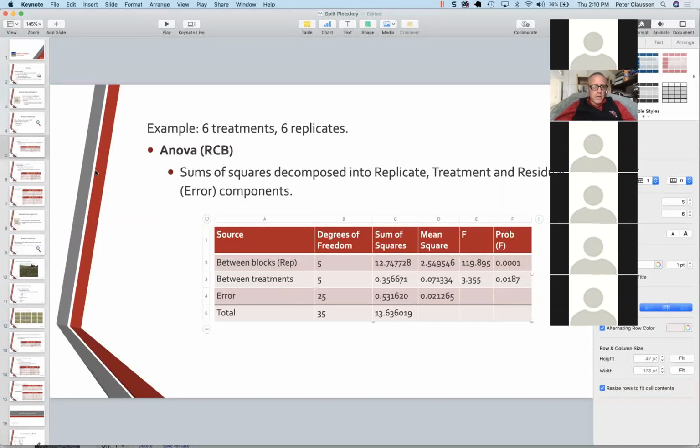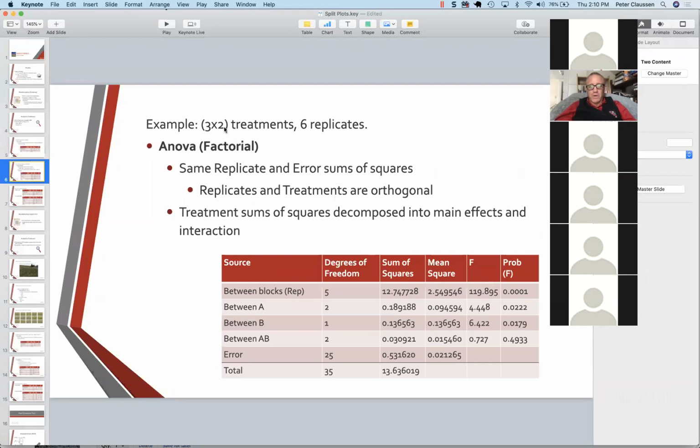Now, when we move on to the same type of treatment structure, but grouped into components, so 3 treatments by 2 treatments, we get the same replicate and error sums of squares, but our treatments are decomposed into the components.